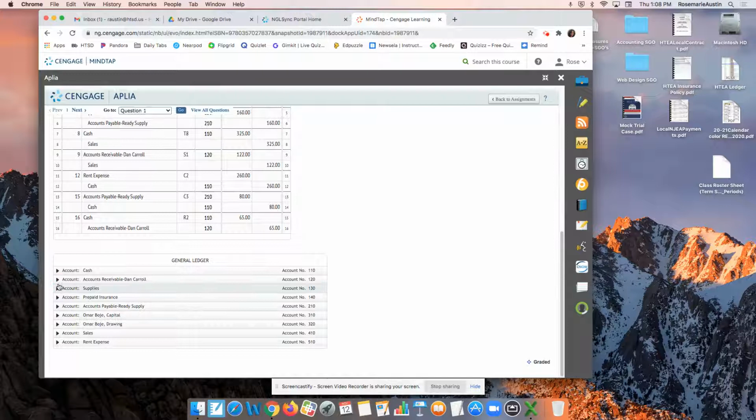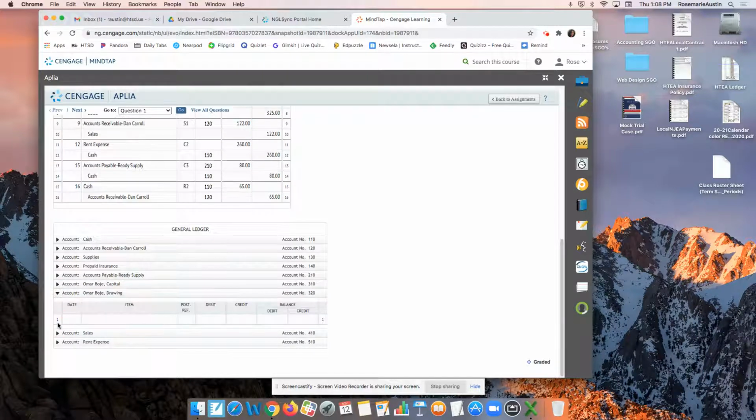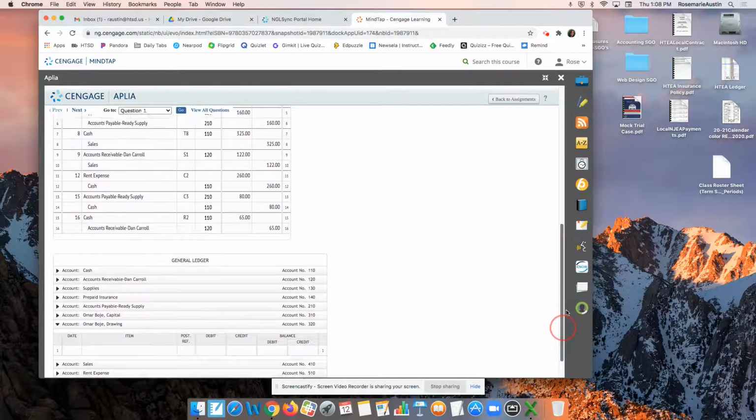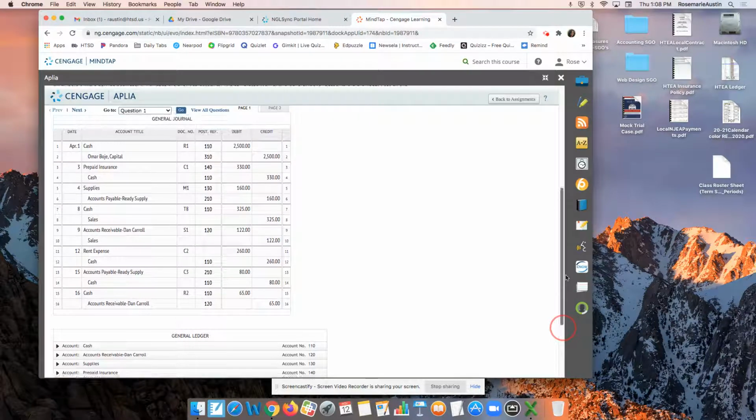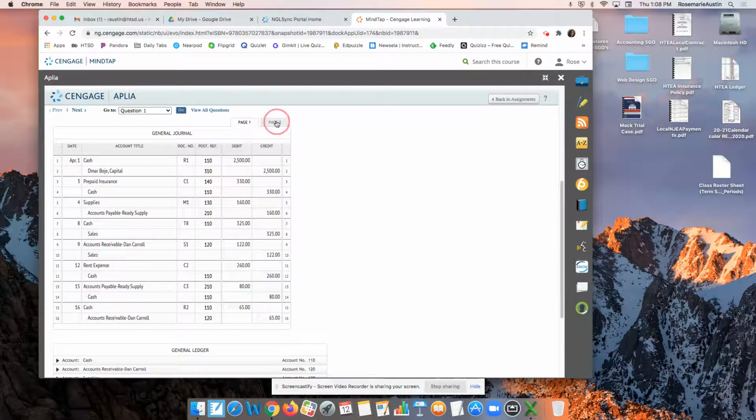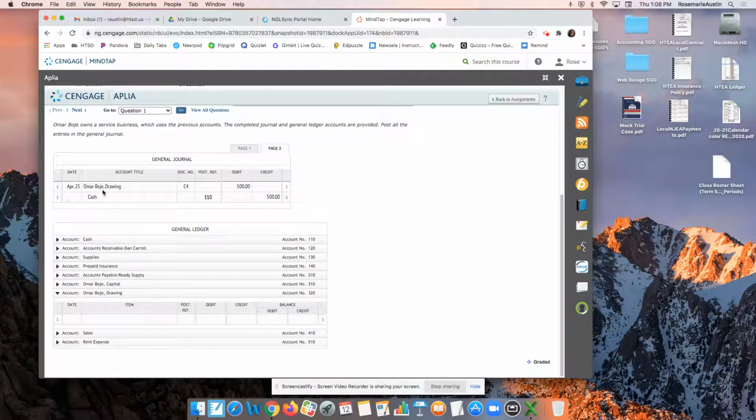Okay? All right. We're moving right along here. So let's open up the Omar Bougie account for the drawing. And we were looking for one transaction here. We have one line available to us. So let's see what we have. I don't see it on this first page, so it must be on the second page here, and it is. Okay, so Omar Bougie, the drawing account, there's a debit of $500, and the date is April 25th.